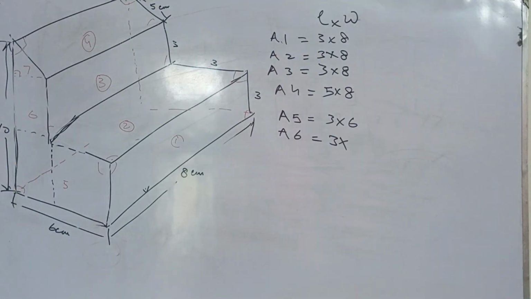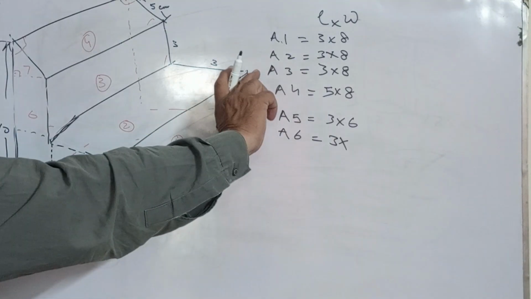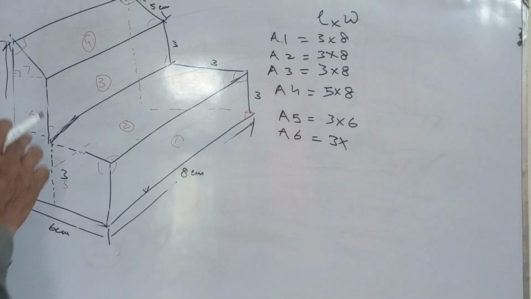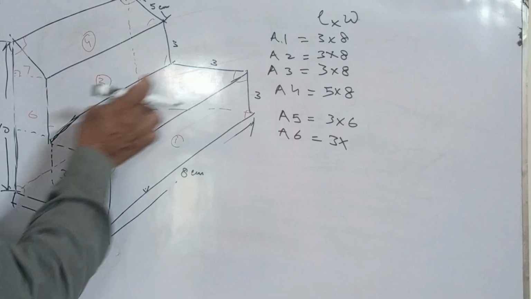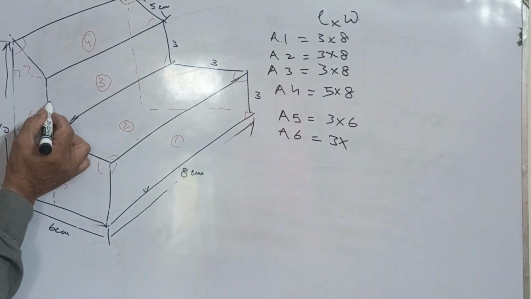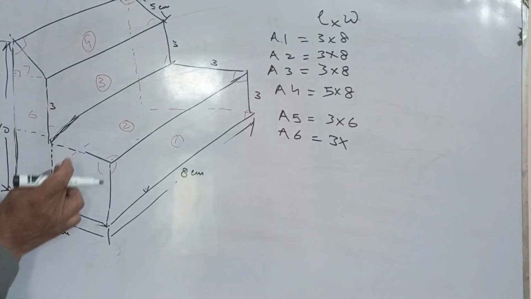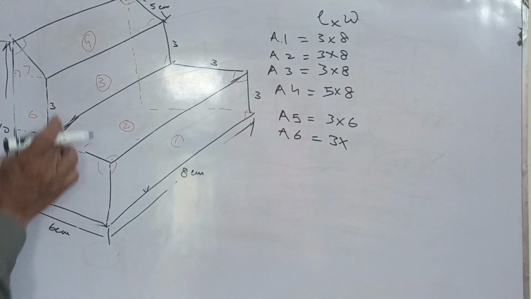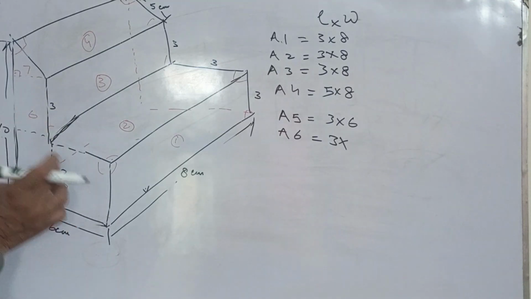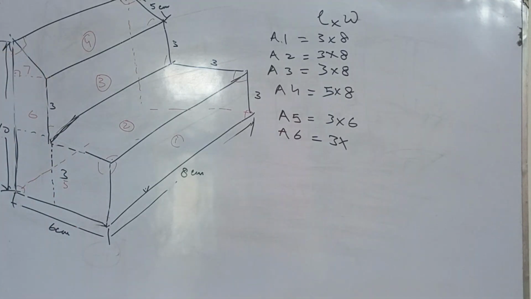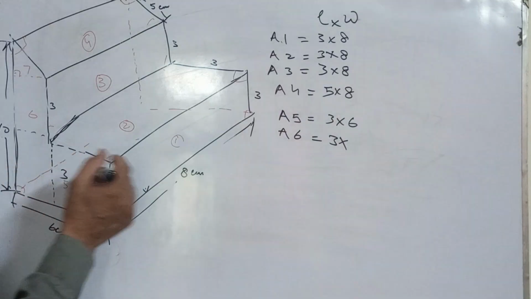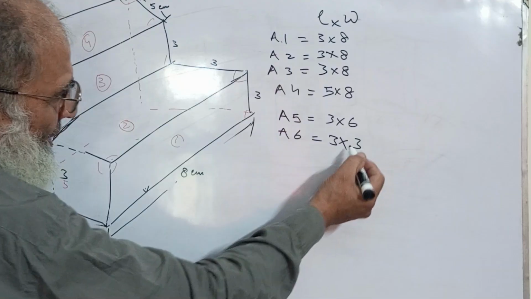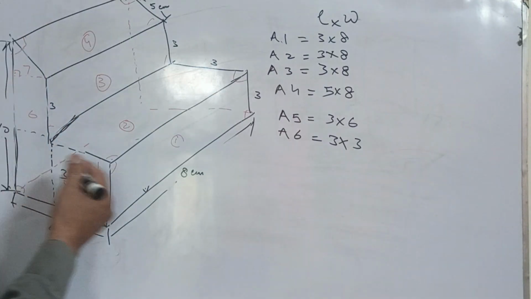This height. Now what is this height? This is 3 from here and 3 again. So 10 minus 6. 3 plus 3 is 6, and the total is 10. So A6 is 3 multiplied by 3. Now 7. It is a triangle.